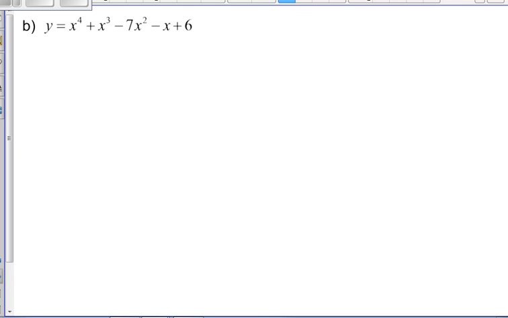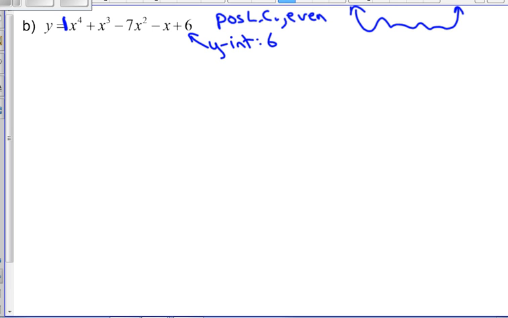So let's try another one. This is the other one that we had factored. So again, it's got a positive leading coefficient. And this one is even. So it has the basic shape. Stuff happens in the middle, but up to up. It has a y-intercept of 6.